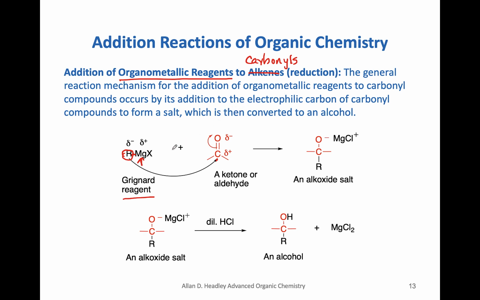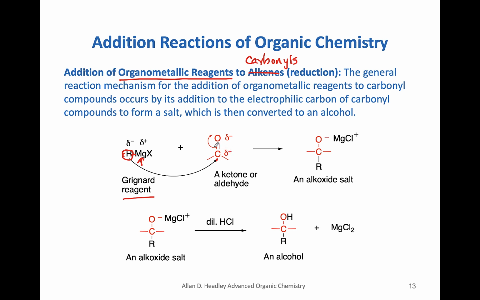Reaction to carbonyls. So as you can see, this is really a regiospecific reaction compared to the reactions we have done before with the addition to alkenes, because alkenes were carbon-carbon double bonds in which the electrons were essentially equally distributed between those two.